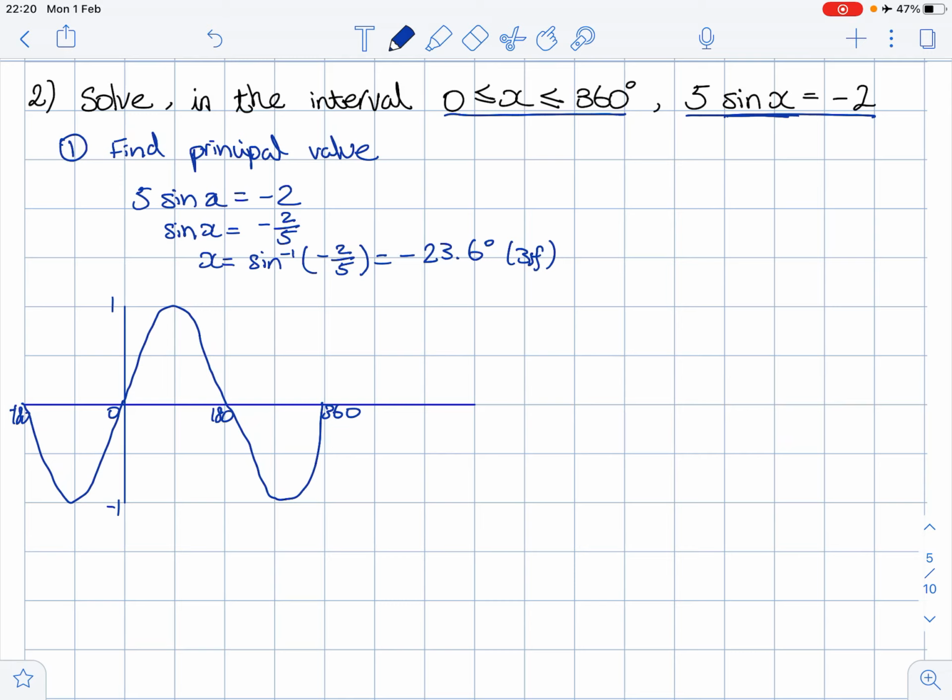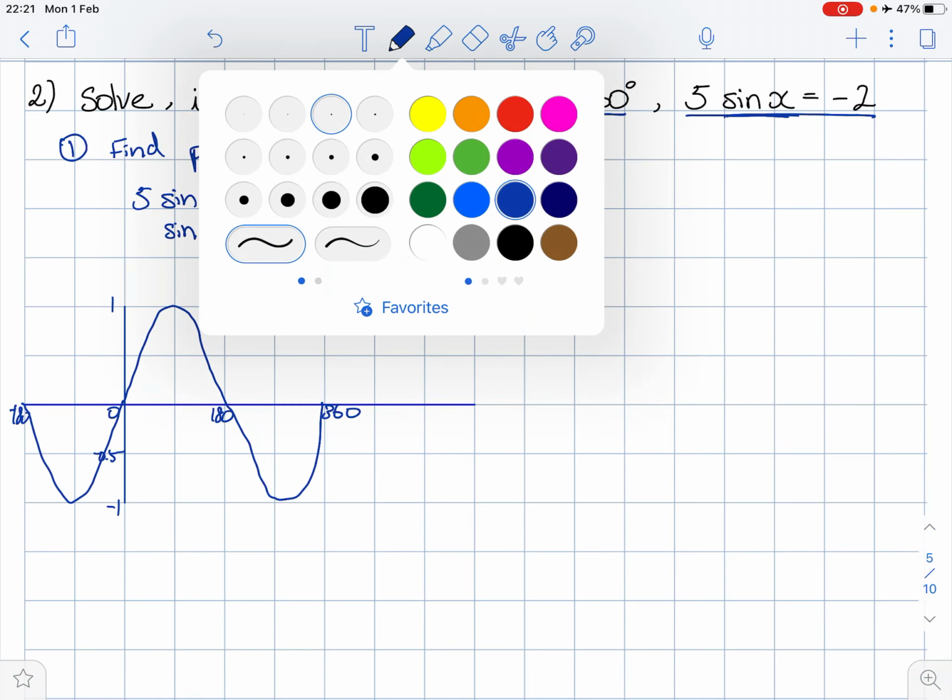So what I'm interested in is when sin x is the same as minus 2 over 5. So minus 2 over 5 is approximately here. This is minus 0.4, this is minus 0.5, so it's approximately this region here.